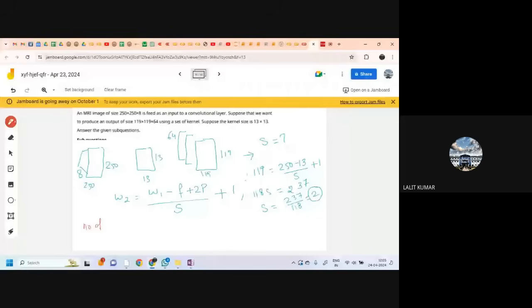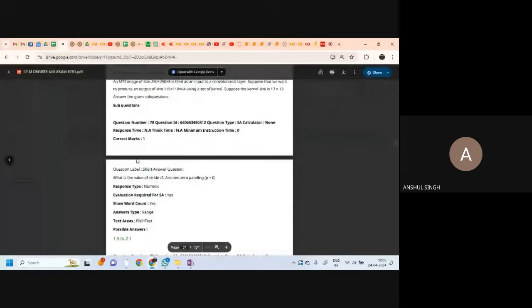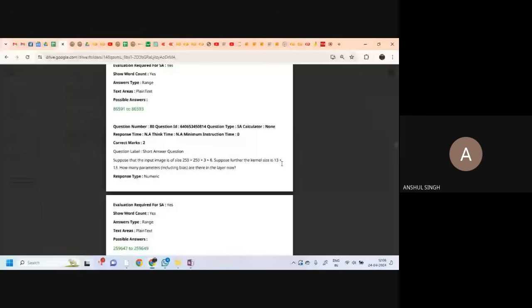Now the number of parameters will be 13 by 13 by 8 by 64. Can somebody calculate this? 13 times 13 times 8 times 64 is 86528. We have to add the bias also, which is 64.